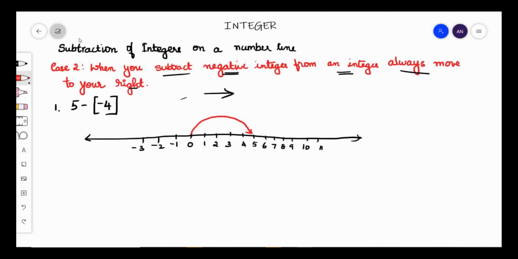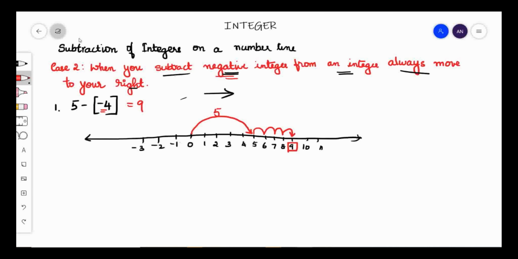Now what does this say? When you subtract a negative integer, always go to your right. So here we are subtracting a negative integer, that is minus 4. So we are supposed to move to our right. How many times? 4. So 1, 2, 3, 4. So the answer would be plus 9. So 5 minus of minus 4 would be plus 9.